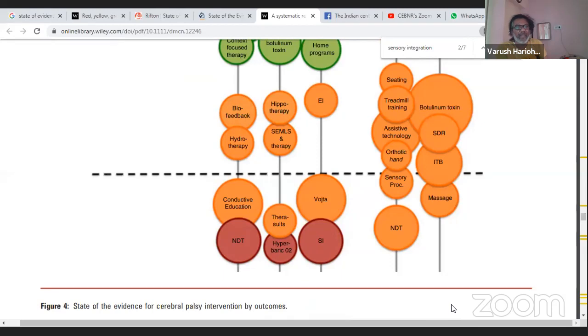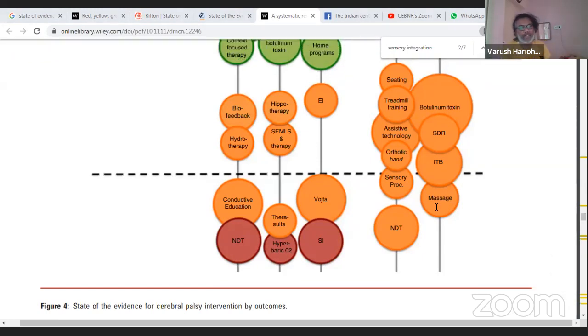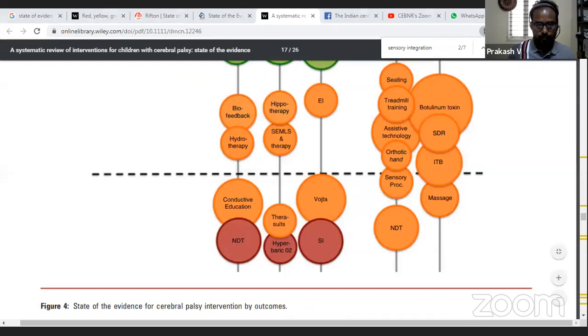It means that it might also be harmful, in the sense that it might be better to do the conventional therapy than this treatment. So the answer to that question is very clear, and it's not even orange, it is clearly showing that we have sufficient number of studies that discourage use of sensory integration.